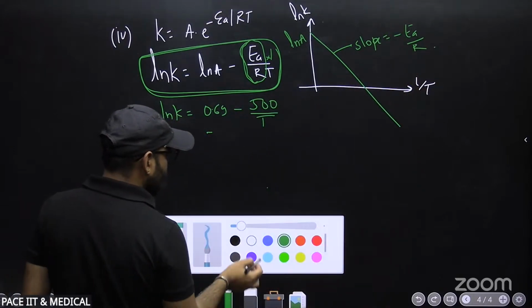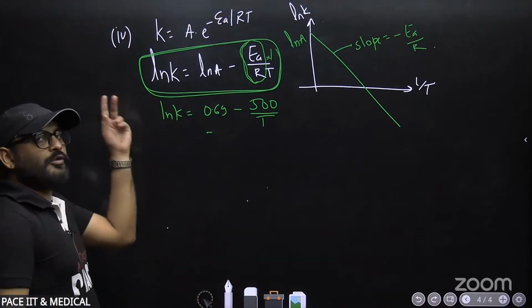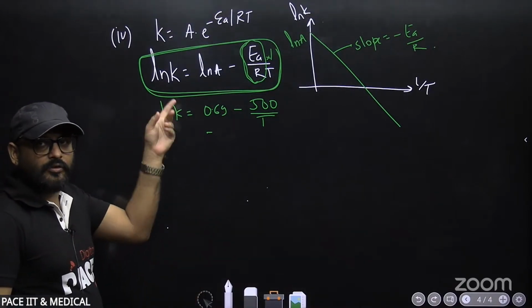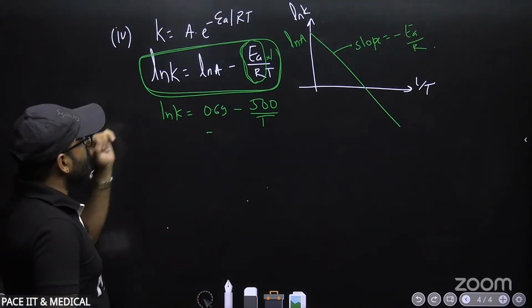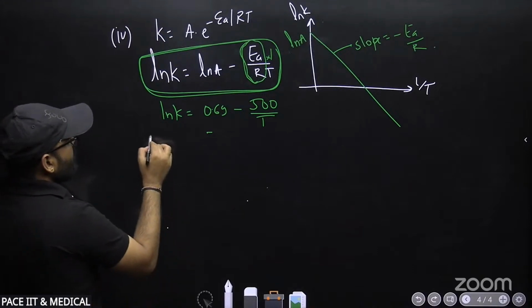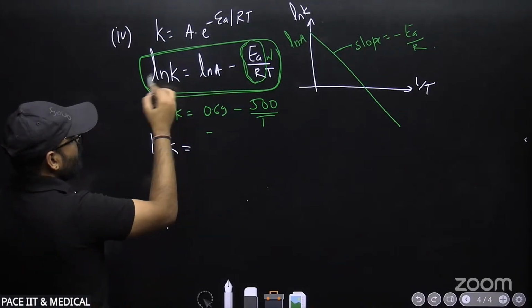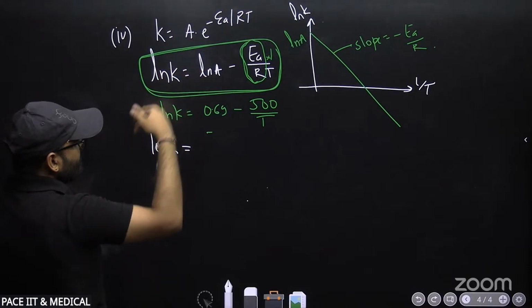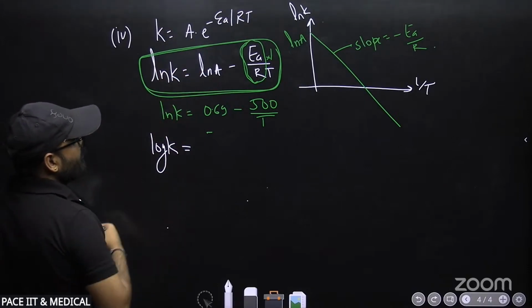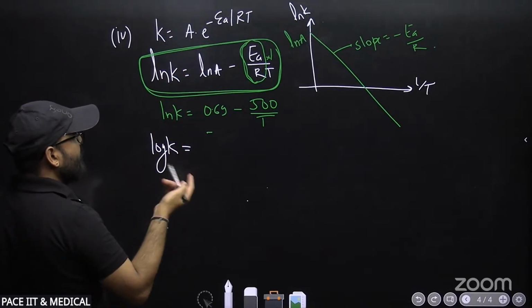Now, if I convert ln into log, then log K, there will be 2.303 factor. I'm dividing the equation by 2.303 while converting ln into log.